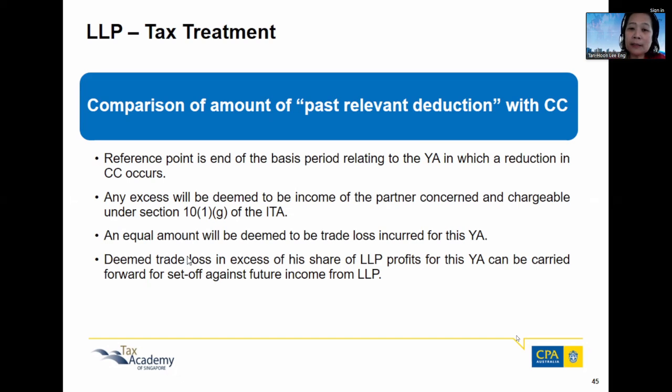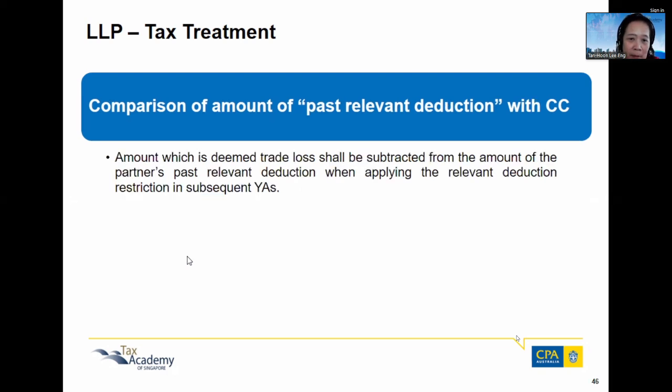And correspondingly, this deemed income is actually the trade loss. If I move on to the example, you can understand better why there's a deemed income, how we compute it, and how we have a corresponding trade loss. Let's go to the next example.